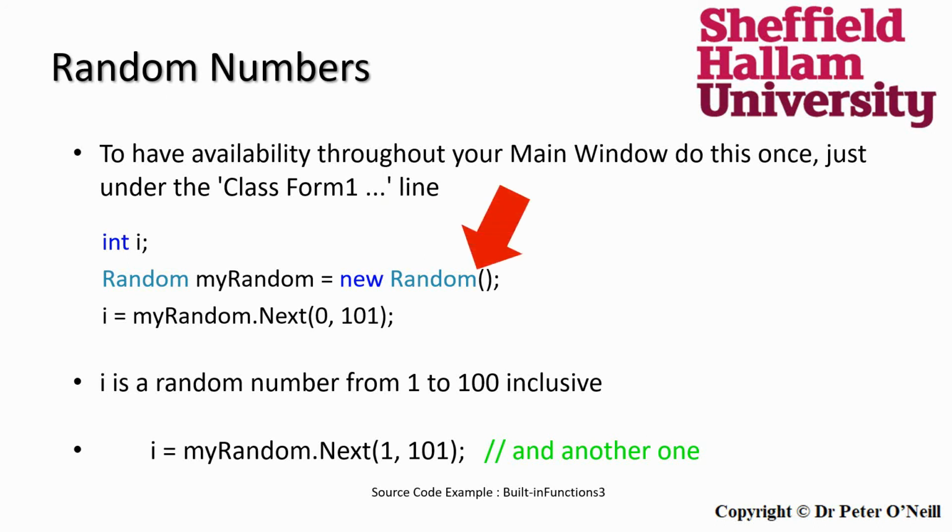So it instantiates at this point my random, which becomes an object in its own right. And because it becomes an object in its own right, we can now either pass it or manipulate it using its own functions. So we can say that I next between 0 and 101 will give us a number between 1 and 100.